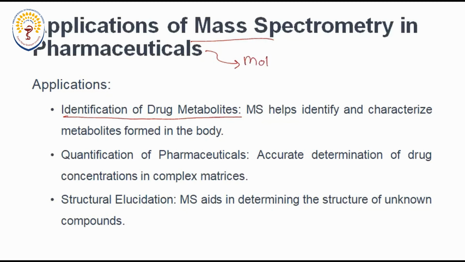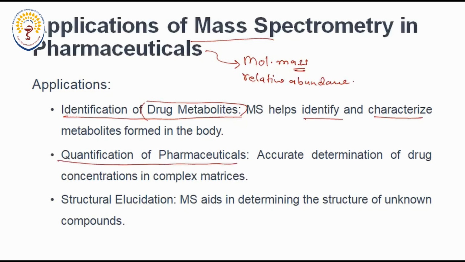It tells us about the molecular mass of the substance, and it also tells us about the relative abundance. So with the help of mass spectrometry, we are identifying different drug molecules, metabolites, and chemical compounds. This method can help to identify and characterize these metabolites.